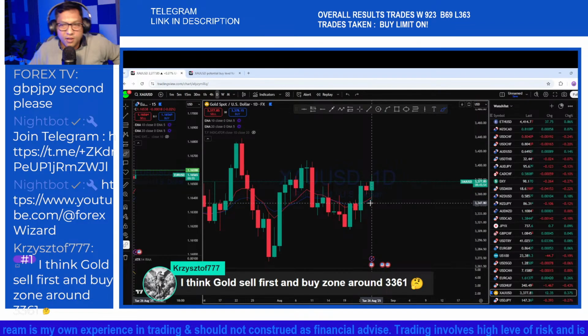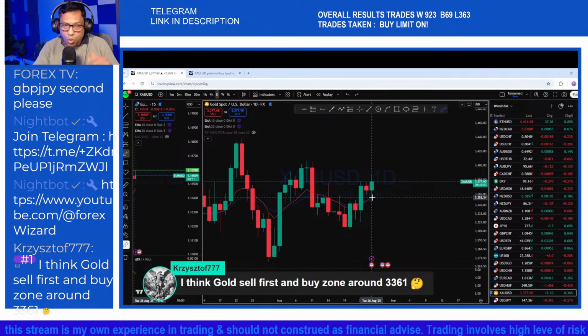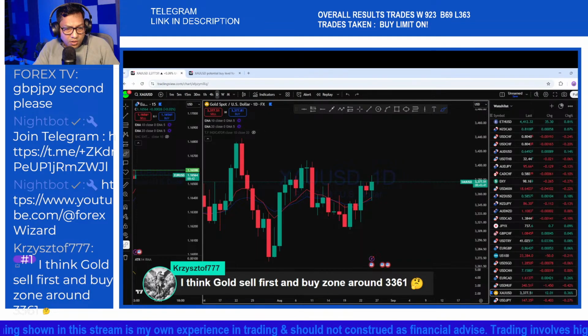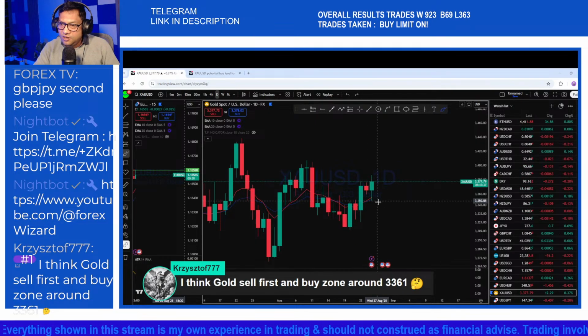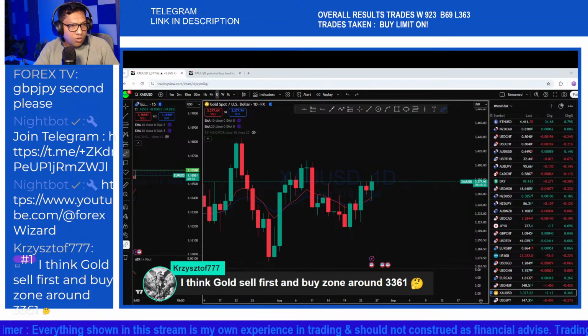There are two identical factors that I consider when I am looking at whether a market is bullish or bearish. I hope you guys are getting that point here.